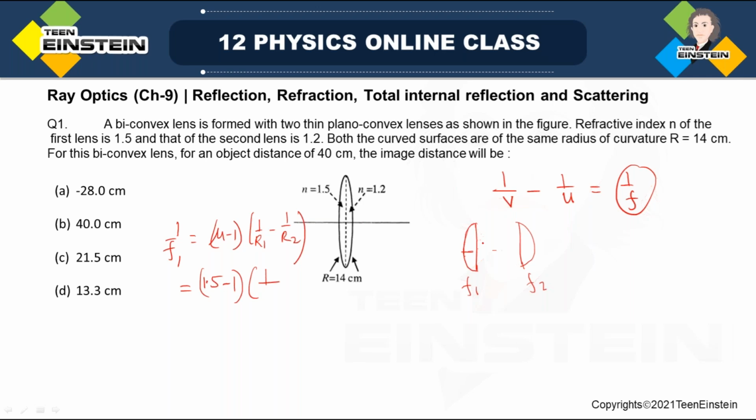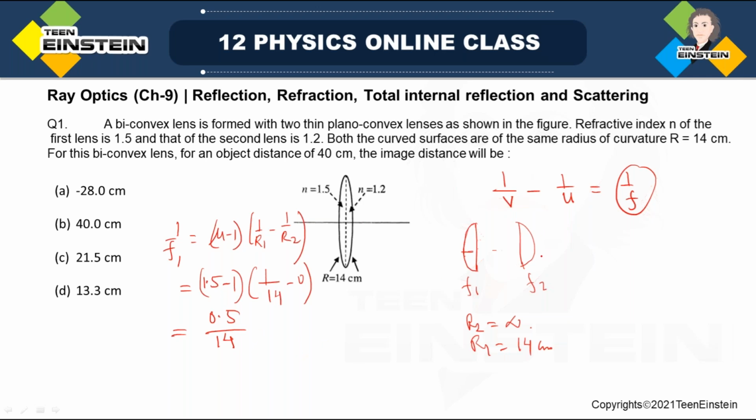So r2 is actually nearly equal to infinity for this, and r1 for this is 14 centimeter, right? So this is 1 over 14 minus 0. So this would give you 0.5 divided by 14. Let it be like this.